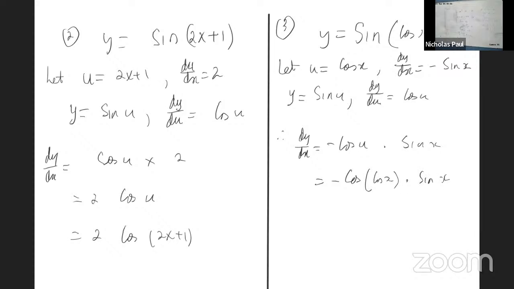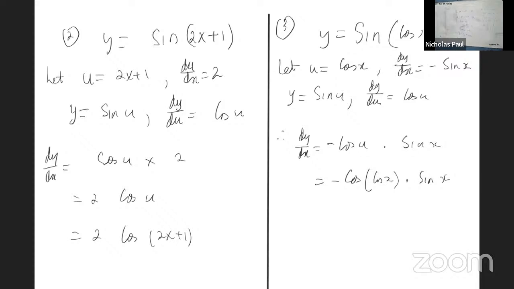Leave it like that. Don't go any further and do cos by cos something, because it's not the same thing. It doesn't matter, it's a product. I just put it on the outside. So you can leave it like that: cos of cos x by sin x.